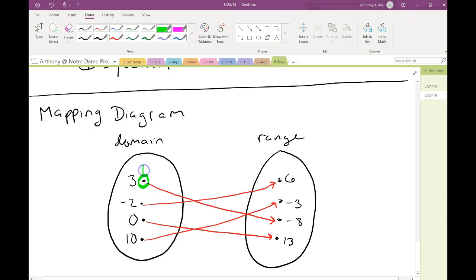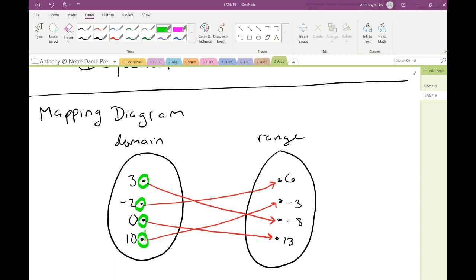I notice that 3 goes somewhere because there's an arrow originating from it. -2 is used, there's an arrow originating from that. 0 is used, and 10 is used. Those are the only things in my domain, so everything in the domain is used. That part of the definition of a function is satisfied.